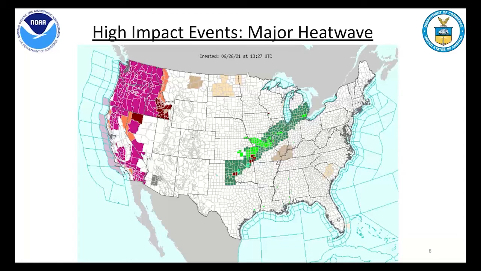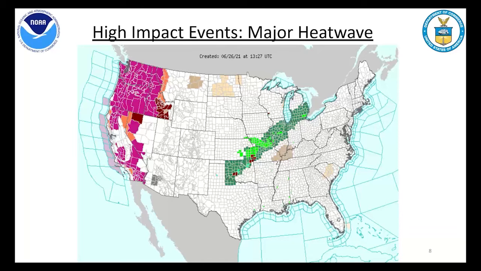So moving on now to 3 examples of successful forecasts of high impact events that we've had this calendar year. 2 are temperature related and 1 precipitation.